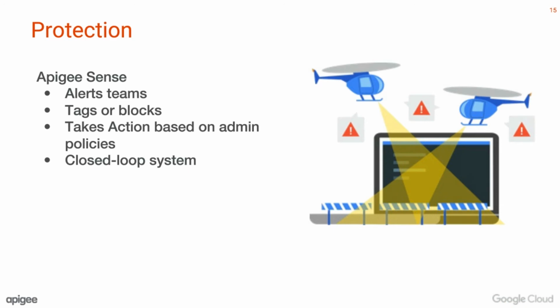Once you do that, Apigee Sense will enforce the rules, which allow you to either allow the traffic, block the traffic, or flag the suspicious behaviors in real time. We'll look at that a little more in a minute, what that means and what flagging does.